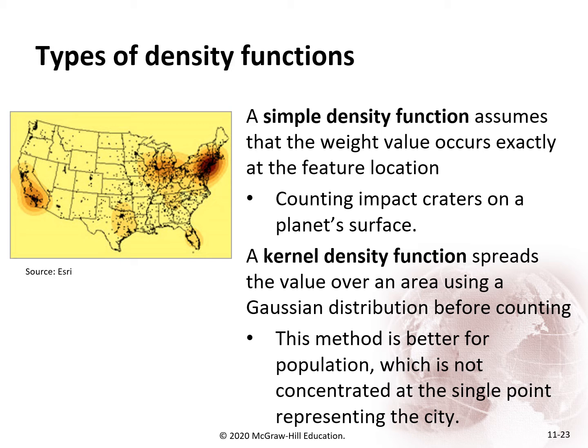So like you have a city, and you have point data for the city, and you have a population for the city. All those people don't live at that point, they live out over an area. What a kernel density function does is it spreads that value out according to a Gaussian distribution, and it does that for each of the known points, and then calculates density from that distributed function. So it's a lot more complicated.